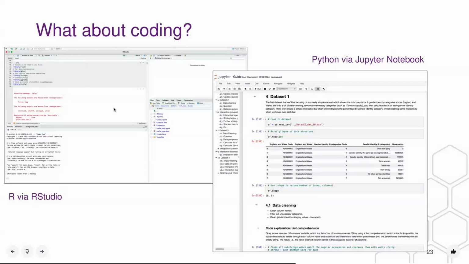On the left-hand side of the screen, it shows you what RStudio looks like. So you have this nice 4-paneled software here. So if you are familiar with Stata, I would say R is a really good place to start.